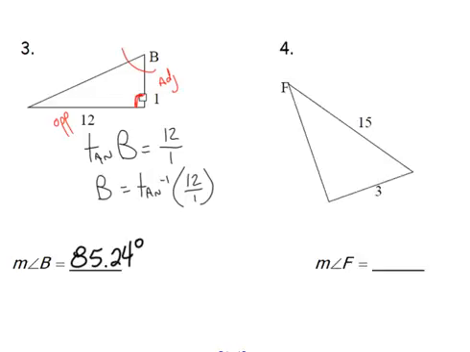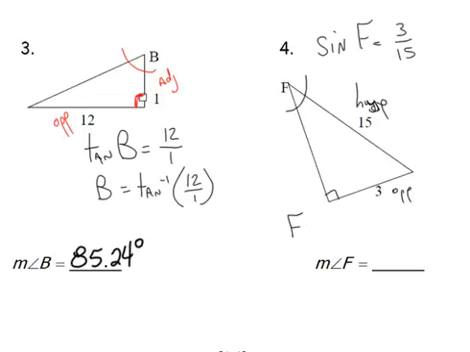Our next example here, example 4. I got angle F up here. Here's my right angle. I have the opposite side. I have the hypotenuse. So if I have the opposite and the hypotenuse, again, this is going to be another sine problem. So the sine of angle F is equal to 3 over 15.